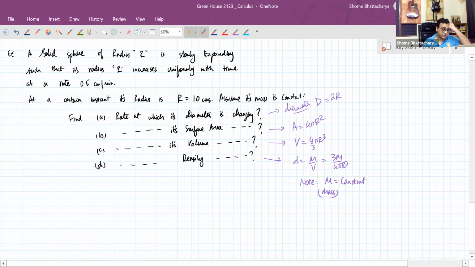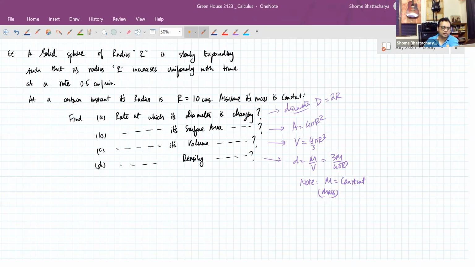You can have a situation where mass is changing, like, you have, let's say, a snowball, and because of snowing happening, continuously snow is getting added to it. So in that case, the radius is changing because more mass is getting added. Layer after layer of snow is added to it. So in that case, mass would not be a constant. But here, we are assuming the kind of situation where the expansion is happening because of thermal expansion.